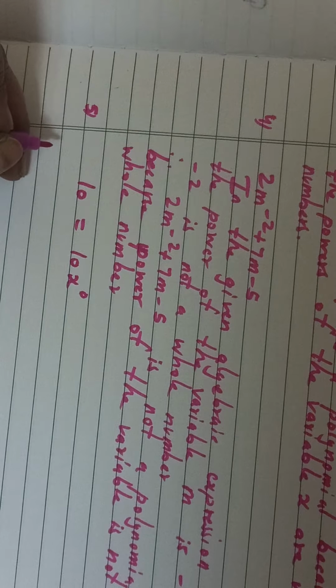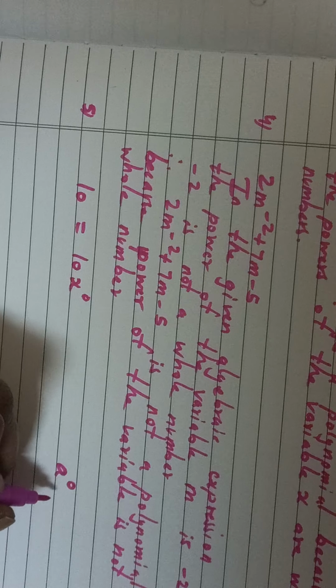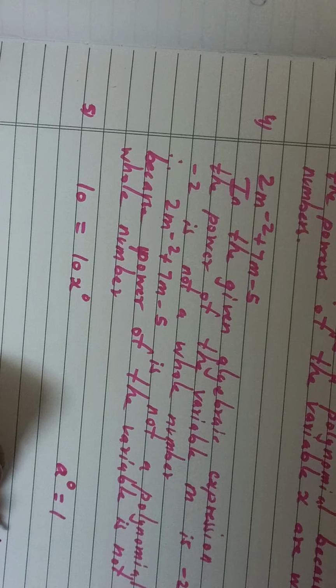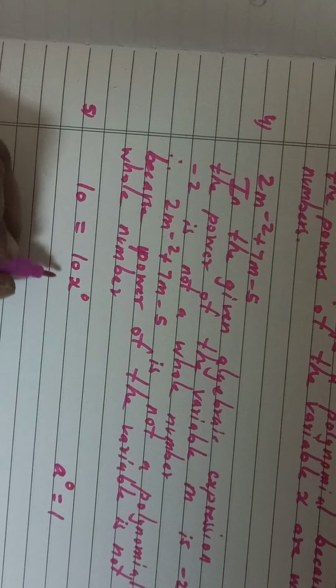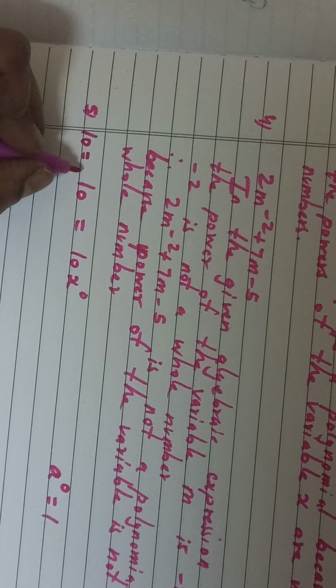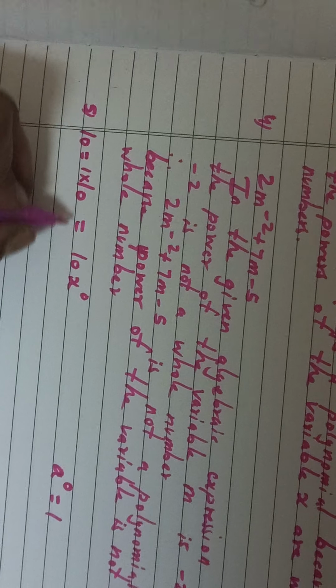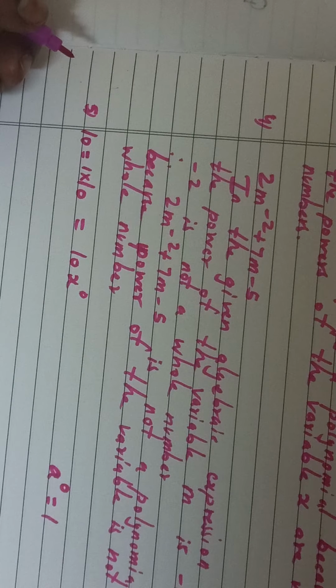So we can write it down. Now you will say, Miss, here the term was not given, but according to the law of indices, what it says, a raised to 0 is equal to 1, correct? Same thing we are applying. Here I can write 10 is equal to 1 into 10. Okay, and 1 into 10 or 10 into 1 is the same.